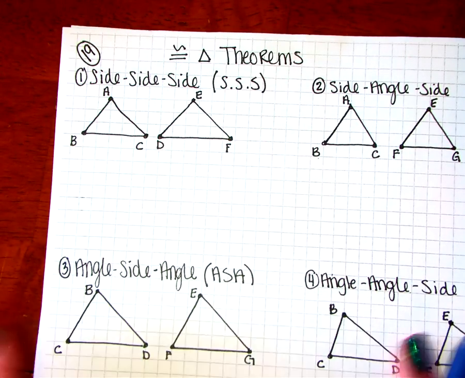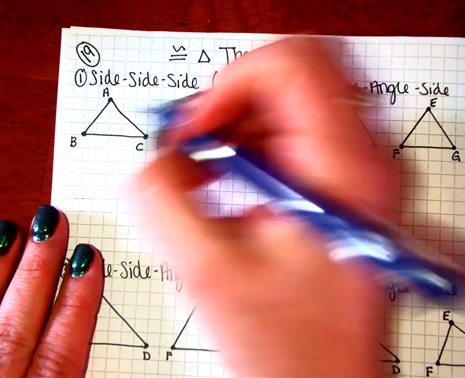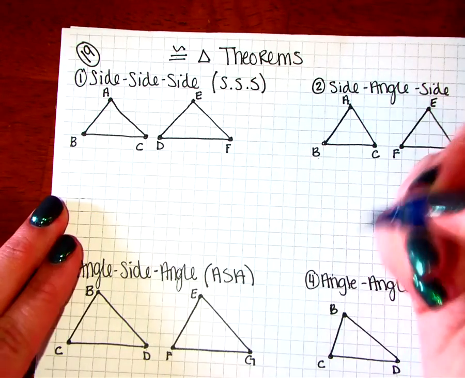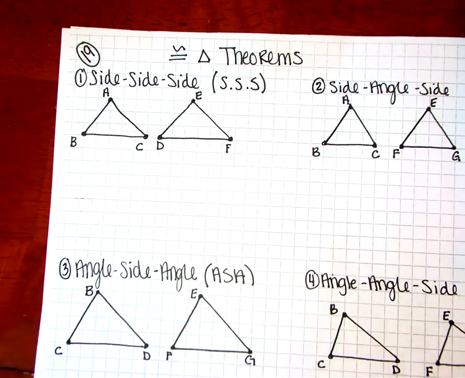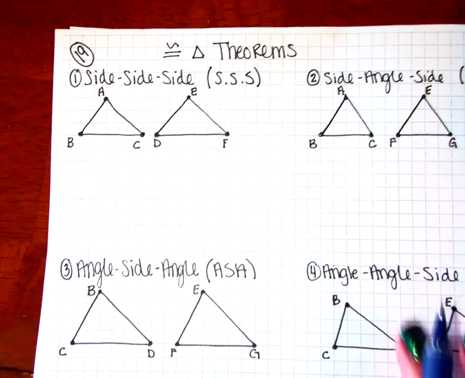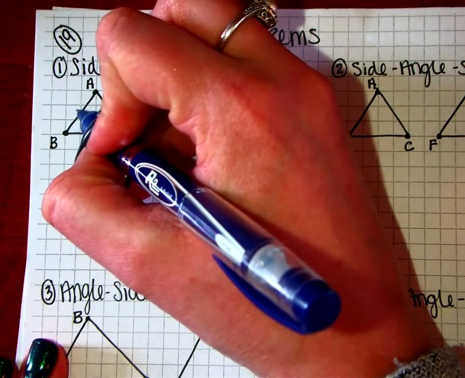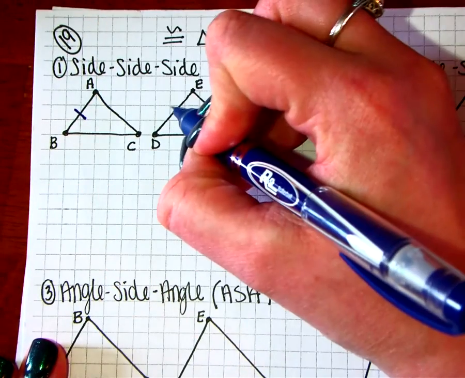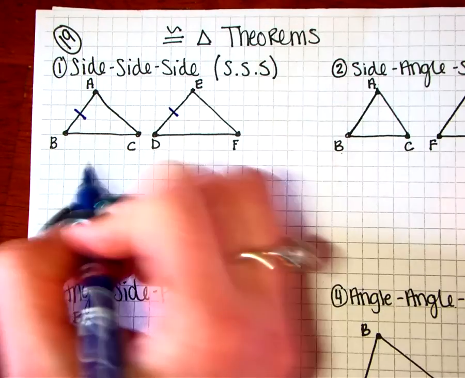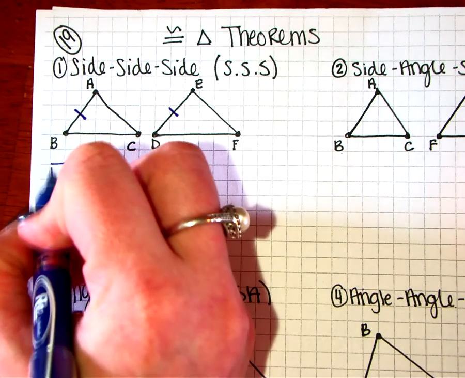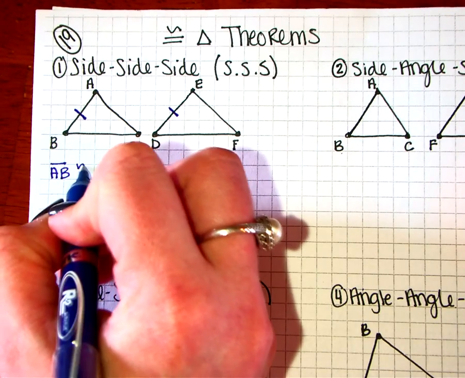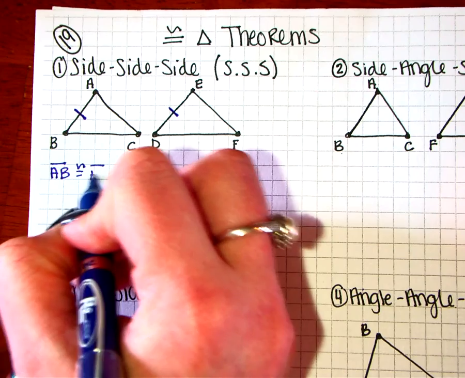Let's focus that on one of these triangles. So we're going to start with assuming all these triangles are turned the same way. This will make this just a little bit easier. So we'll say side AB will match side ED. So segment AB is congruent to segment ED.